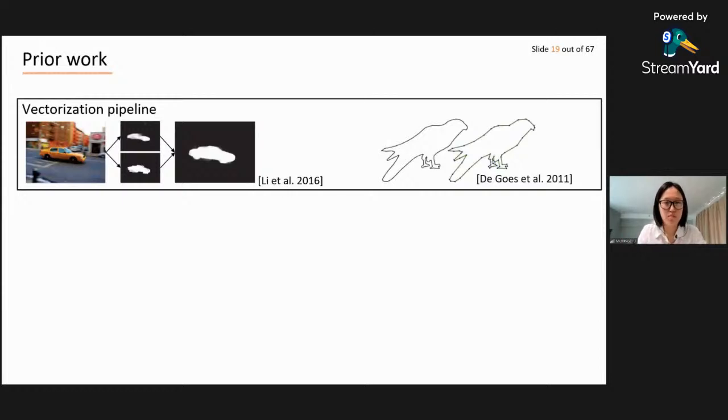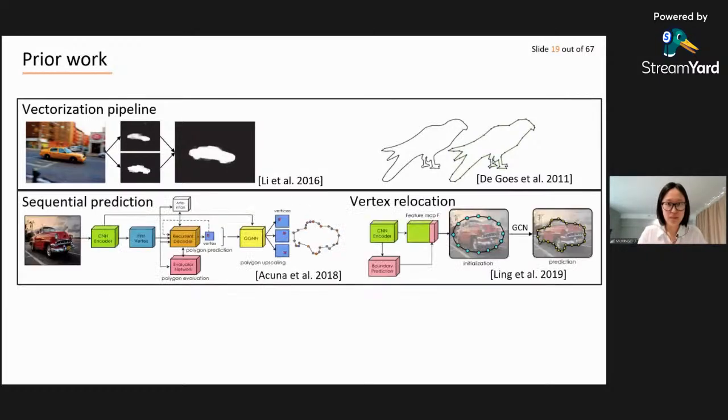First, let's review some prior work on object polygonalization. A popular strategy consists in extracting first the pixel chains from semantic segmentation and simplifying them into polygons. Their output can easily drift from the object silhouettes. There are also neural network approaches. Polygon RNN and Polygon RNN++ sequentially predict the vertices, and Curve GCN reallocates a fixed number of initial control points simultaneously.